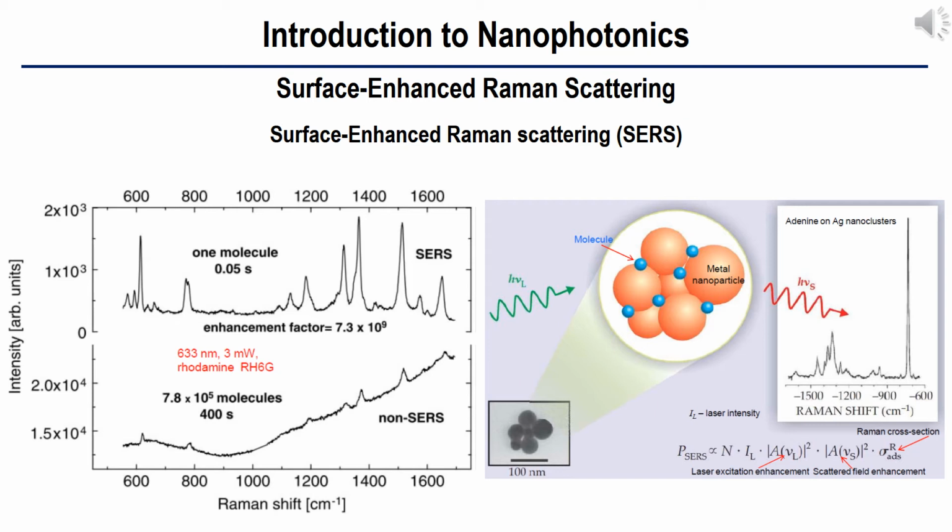SERS consists in using the large local field enhancements that can exist at metallic surfaces under the right conditions, typically by profiting from localized surface plasmon resonances to boost the Raman scattering signal of molecules at or close to the surface. For the realization of SERS, some conditions should be satisfied.